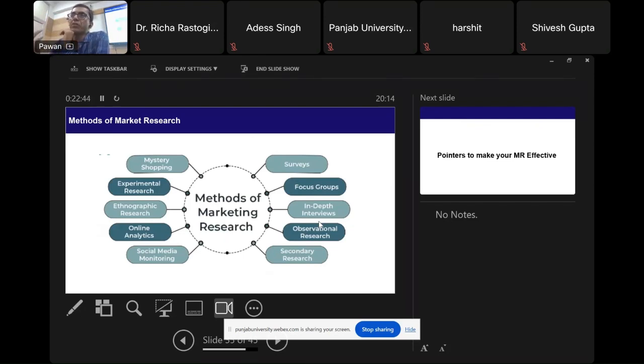Say laptop, for example. If laptop is a product, I can define market in two ways: one in form of money, second in terms of units. In terms of units, how many laptops would be sold in Punjab, let's say, in this geography? Then you need to estimate. There is no one formula-based method, it's assumptions.